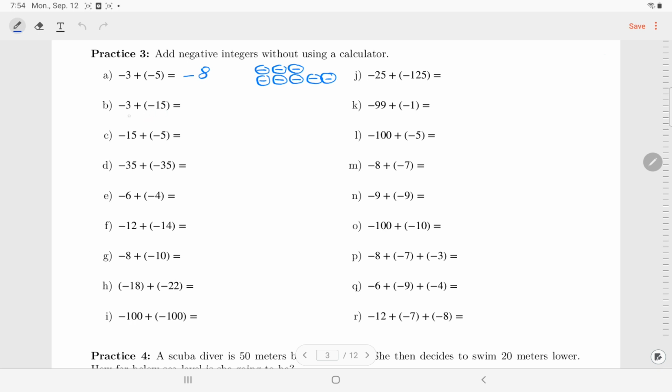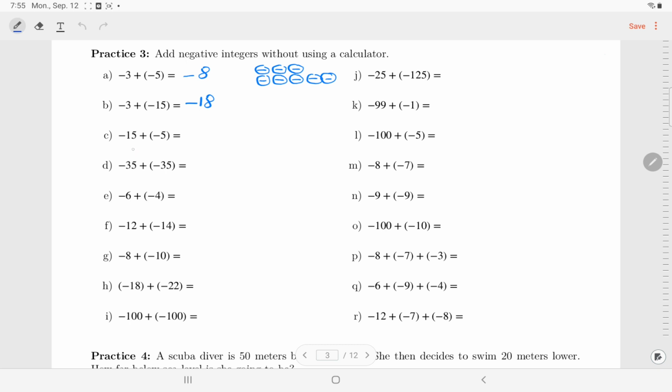When we get to bigger numbers, it takes too much time to draw all the little minuses. So negative 3 plus negative 15. If it was positive 3 plus 15, that would be 18. But if both numbers are negative, we're adding two negative numbers, the result is negative.